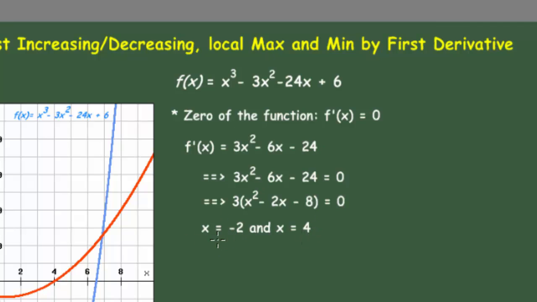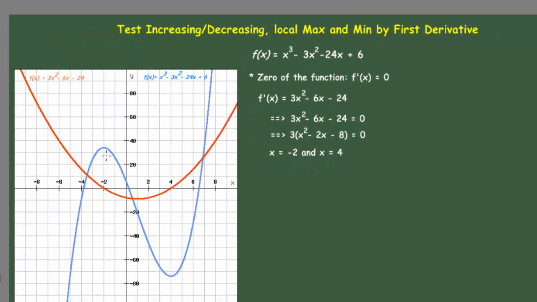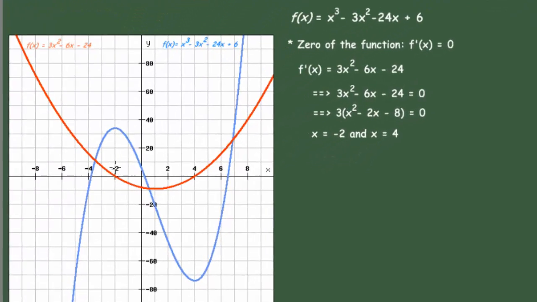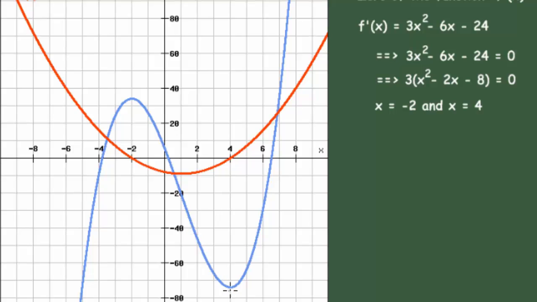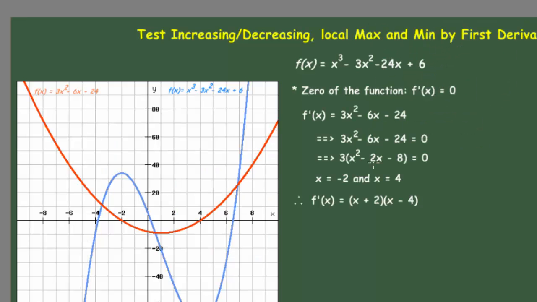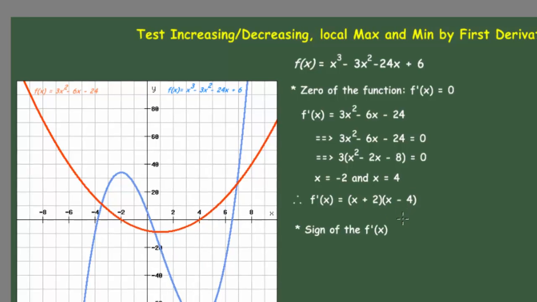You can check on the graph: the blue one is the original function, and the red one, the first derivative, has zeros at minus 2 and 4. Therefore, we can write f prime of x equals 3 times x plus 2 times x minus 4.